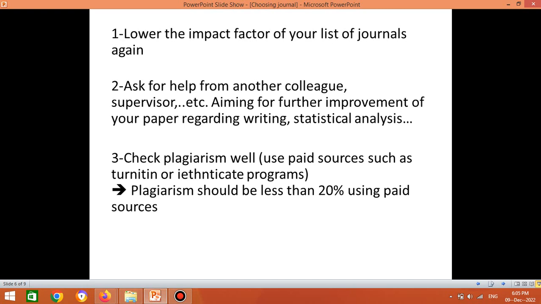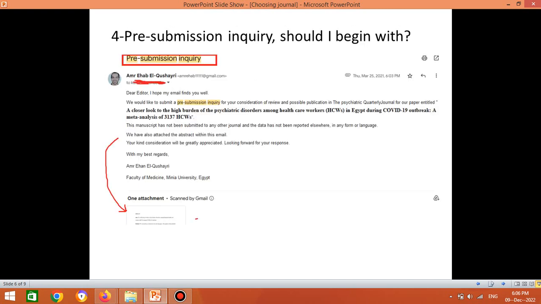However, if you use paid sources like iThenticate or Turnitin, your plagiarism may be more than 20%. Therefore, some journals may desk reject you without notifying you of that. I have another colleague who experienced this issue after receiving desk rejection from more than 10 journals.